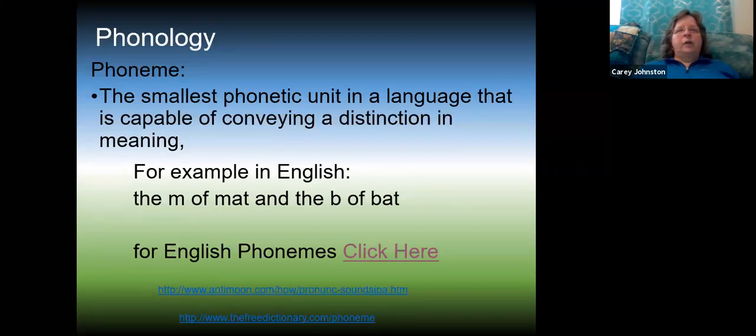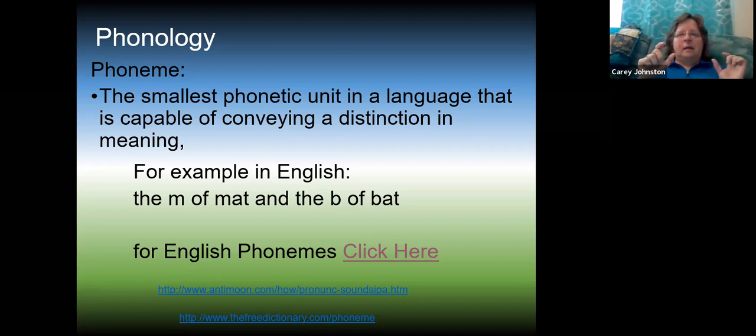Now, in a phonology, the phoneme is the smallest phonetic unit in a language that is capable of conveying a distinction in meaning. For example, in English, the m of mat and the b of bat are phonemes, because they change the meaning of the word.